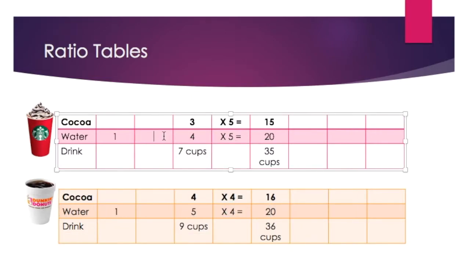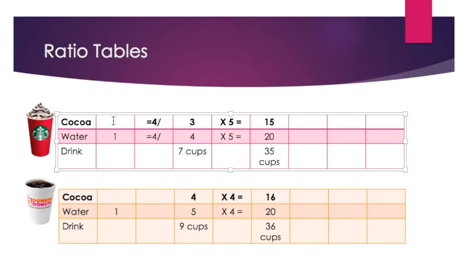and hopefully show you. If I'm starting at the 4, I need to be able to divide by 4 to get to 1. 4 divided by 4 is 1. So I'm going to be dividing by 4, in kind of a backwards direction, and that's going to equal 1. So in order to do that with my cocoa powder, I need to divide by 4, and that's going to equal the amount of cocoa that I put in my cup.